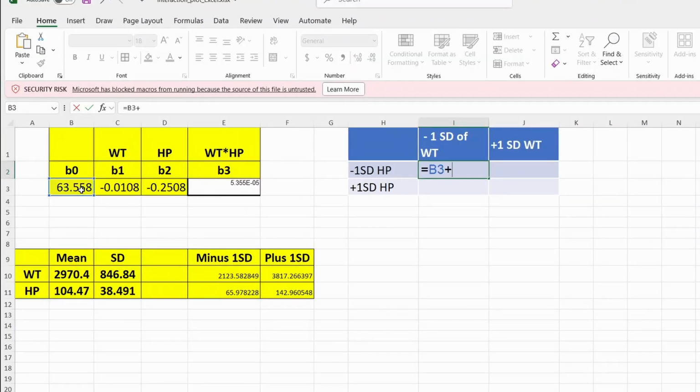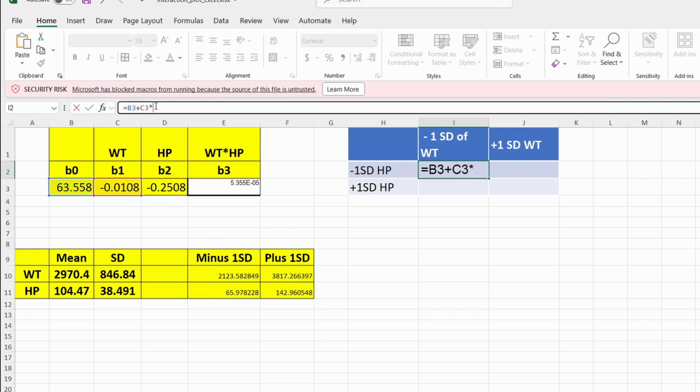B0, and then the weight -1. So basically, this one multiplies the weight -1, and then plus the horsepower also -1.